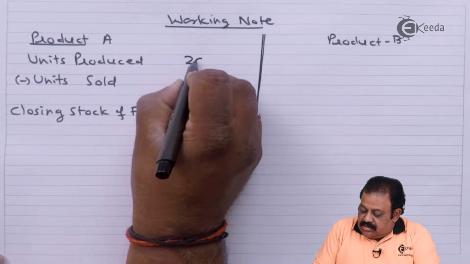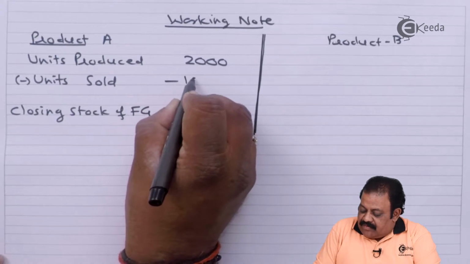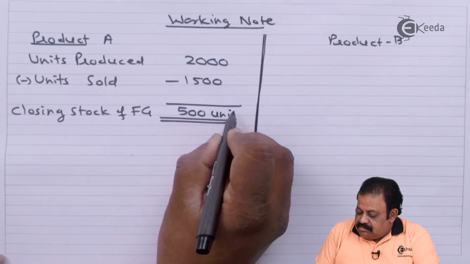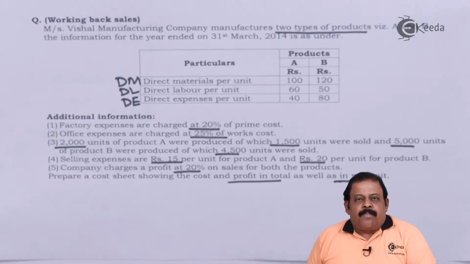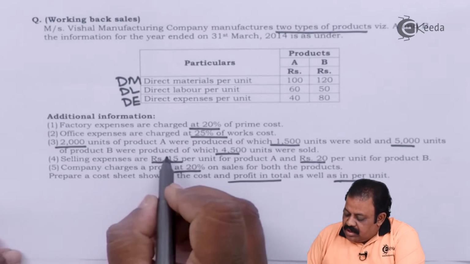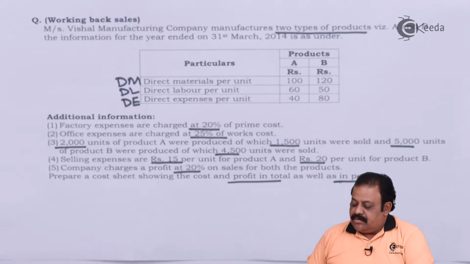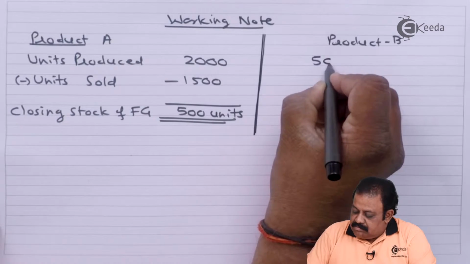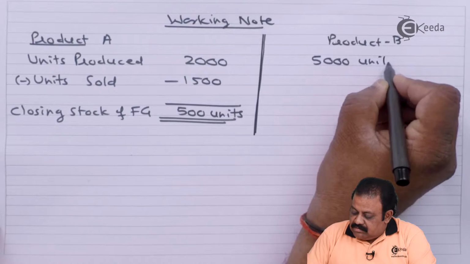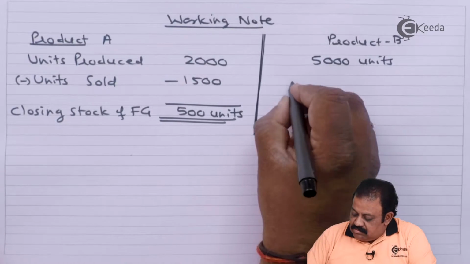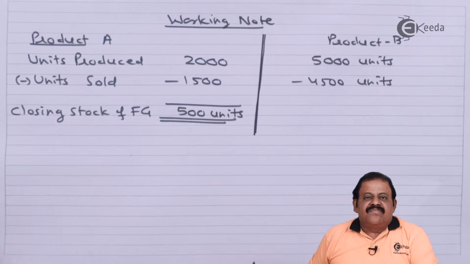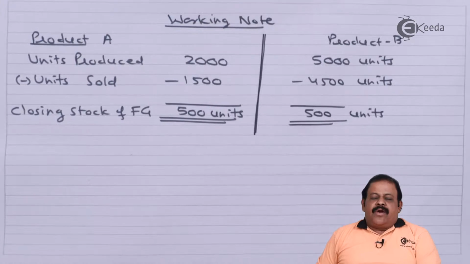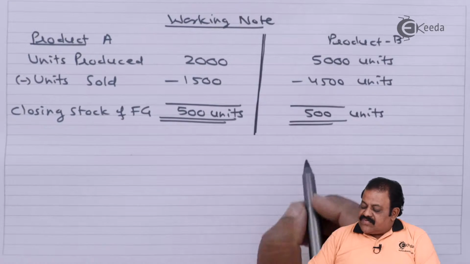Units produced 2000, units sold 1500, so closing stock of finished goods is 500 units. In case of product B, 5000 units are produced, of which 4500 units are sold. Units produced 5000, units sold 4500. So in case of product B also, closing stock of finished goods is 500 units.